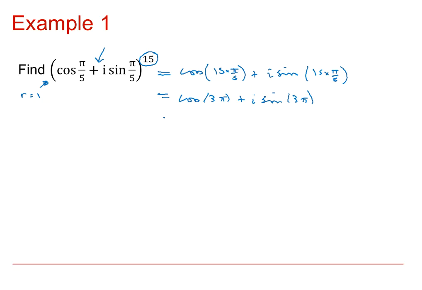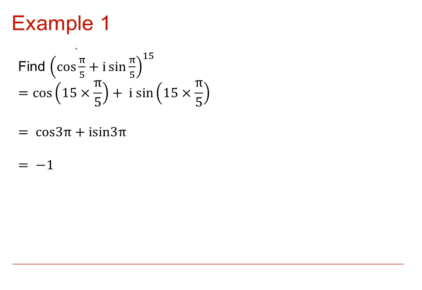Often the angles are chosen to make them fairly neat to work out. So cos 3 pi is minus 1 and sine 3 pi is 0. So the answer to this is simply minus 1.